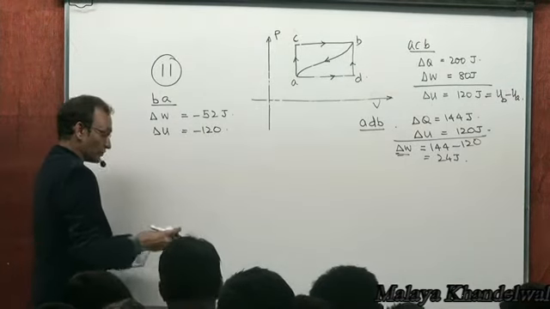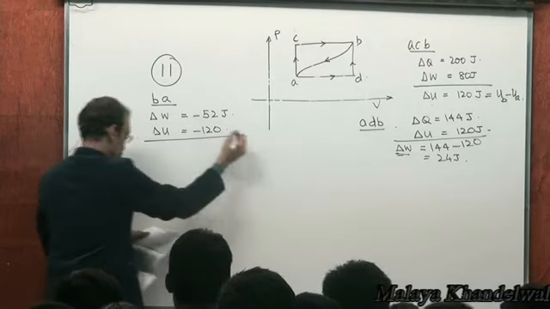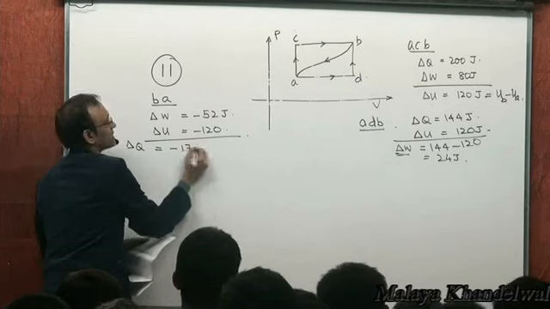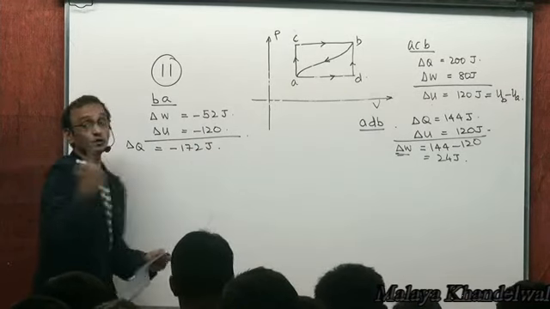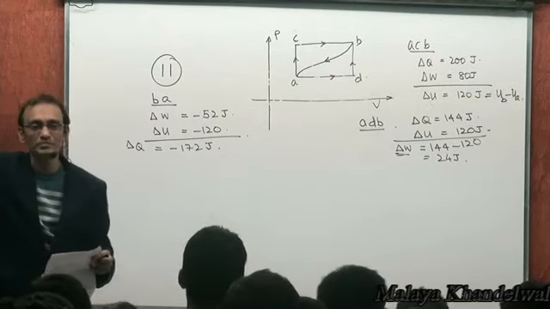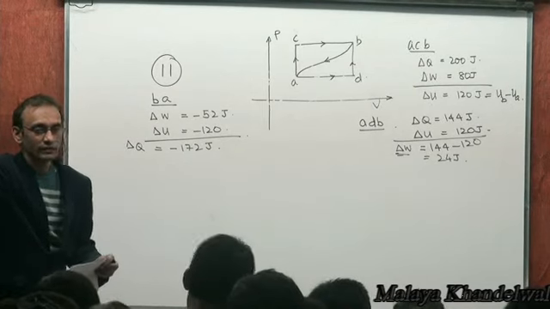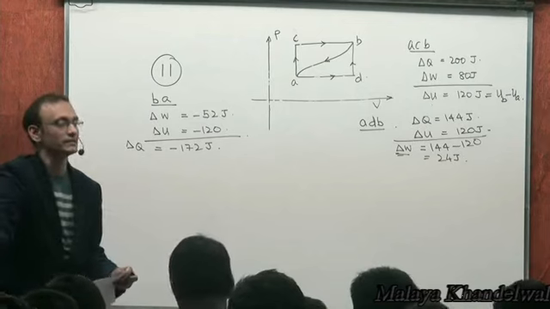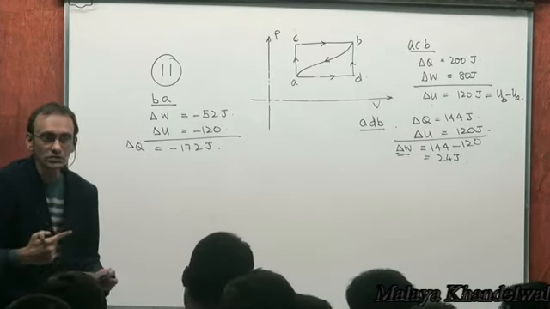And therefore, what we are seeking is the heat absorbed. Delta Q is going to be minus 172 joules. That means 172 joules is rejected from B to A. If delta Q is negative, it means that magnitude of heat is rejected by the system. Are you all there with me on this?